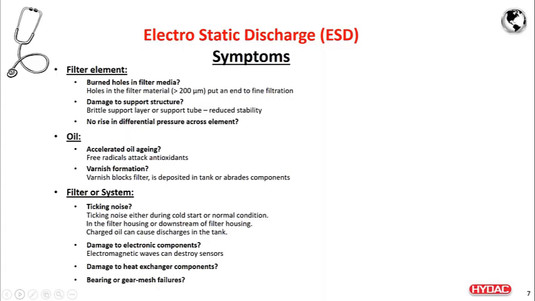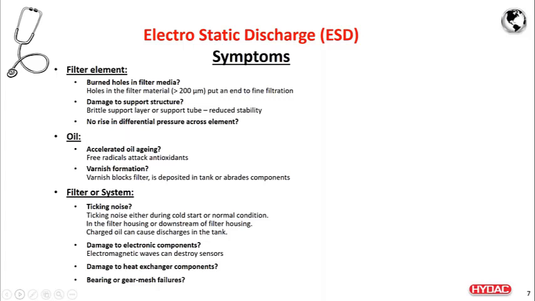So in the filter element, your question to your application folks would be, do you guys see any burn marks in the filter media? They probably say no, and they may not even be aware of that. So your next question could be, do you see any burn marks in the support structure, like a support tube of the element? They probably say no, because they haven't looked into those elements. But your key question now that will definitely raise some eyebrows: have you seen any rise in differential pressure across the element over a prolonged period of time?